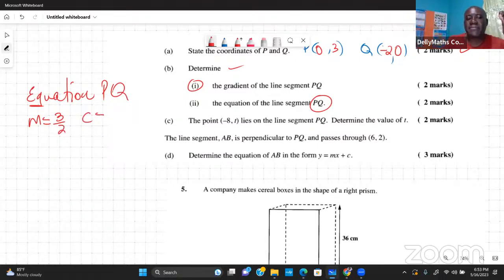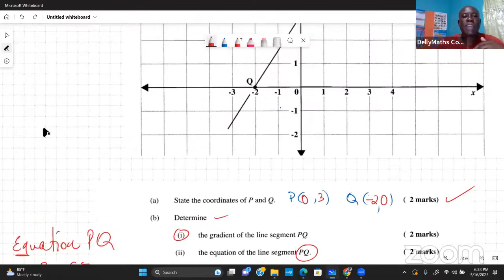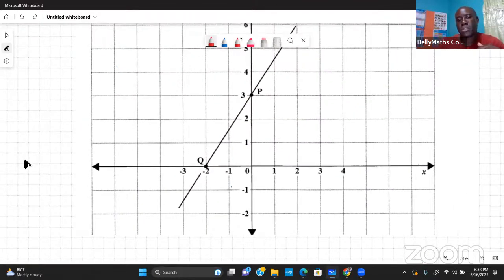I need two things to write the equation of a line. I need the y-intercept, which is what we call C, and I need the gradient, which is what we call M. We have the gradient. Look, if you see the y-intercept, you would have noticed that the line crossed the y-axis at +3. That means I'm not going to try to work out 3 because I have it from looking. So if you're looking at the y-intercept, do not waste your time in the exam.